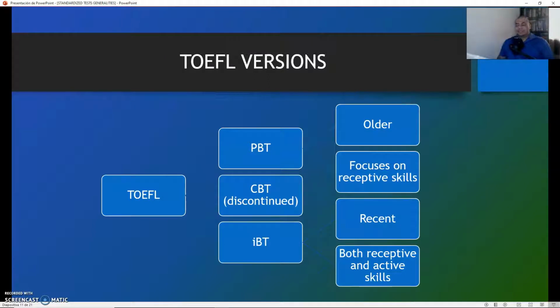Yes, you respond to questions based on passive skills, but you also need to speak. You also need to write. So this test is a little bit more challenging, taking into consideration that this time you need to produce language, right?